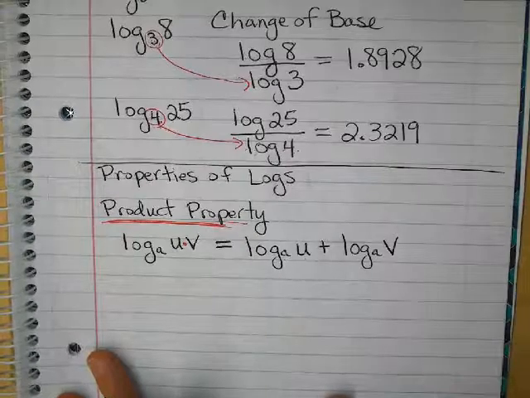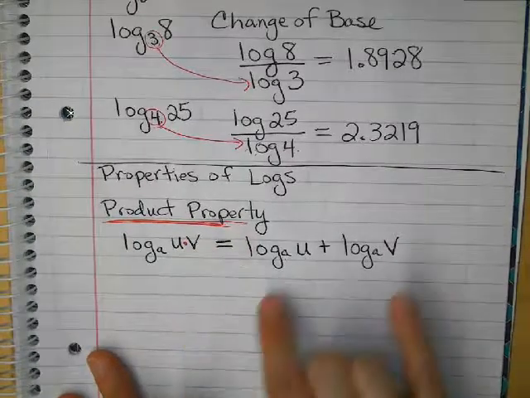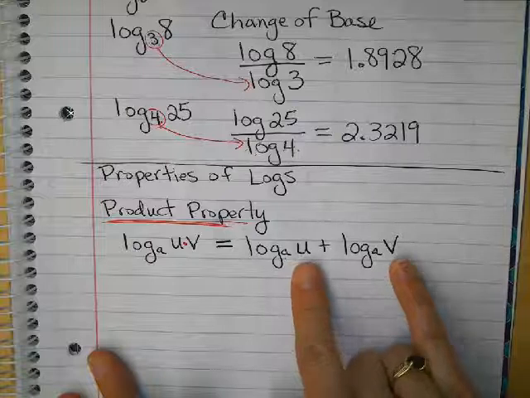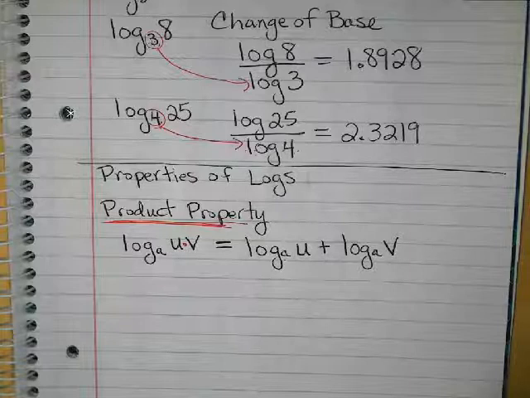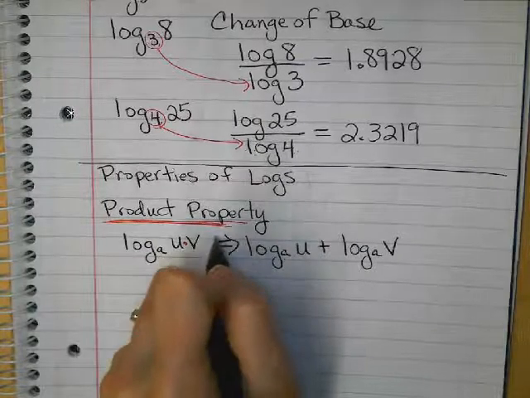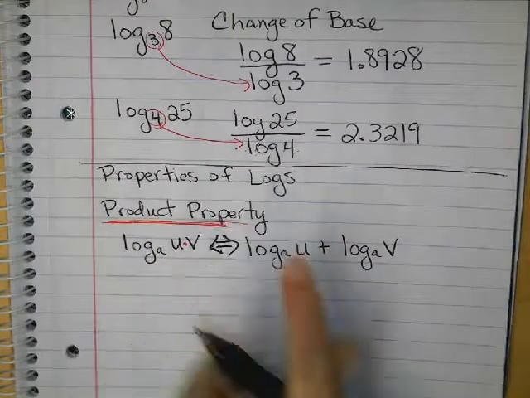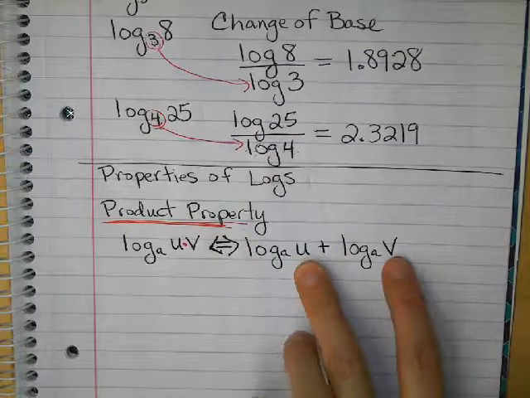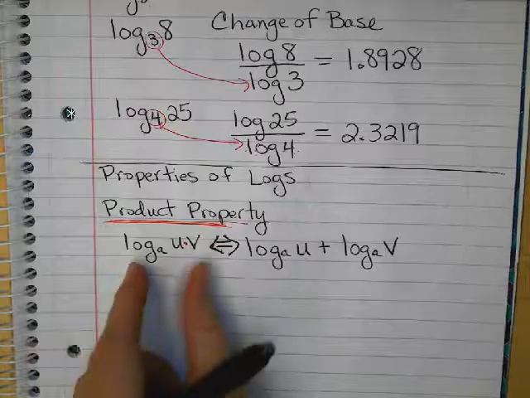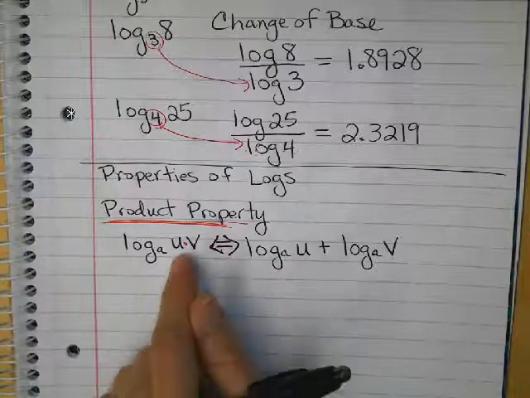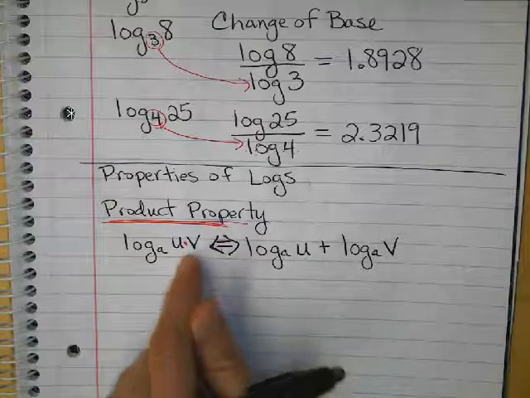When you have times, you expand it out. It expands into addition. And what's interesting about these properties is they go both ways. If I started with the addition, I could put it back together into log of u times v.